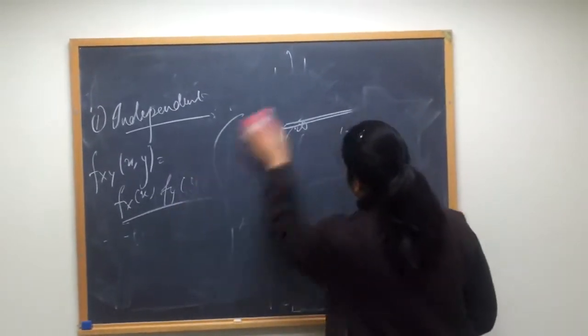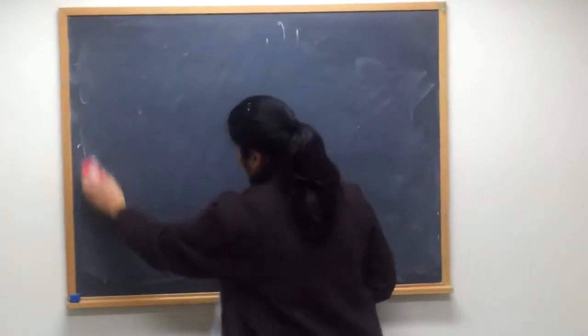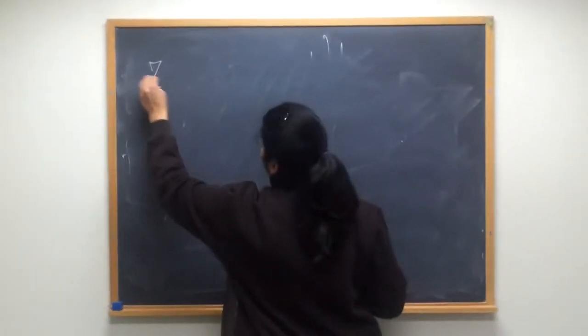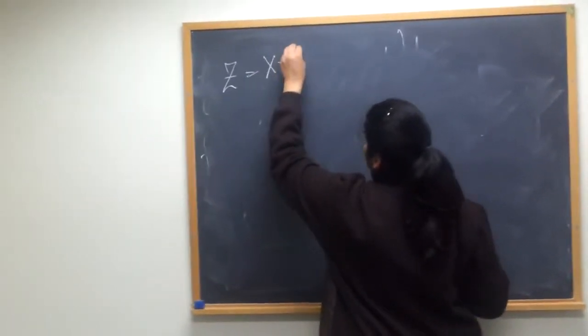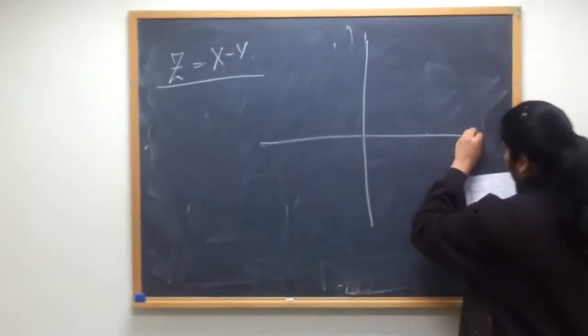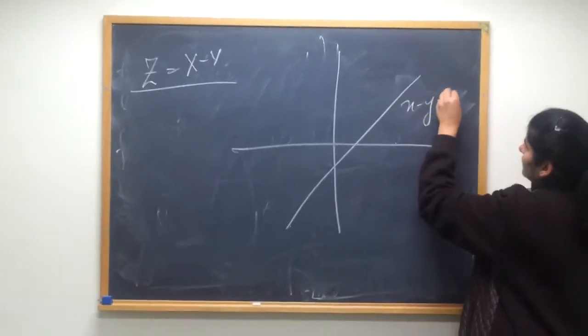Now we'll have one more problem. When z is given to be x minus y, this will be similar to that case. First we draw the line. This will be x minus y equal to z.